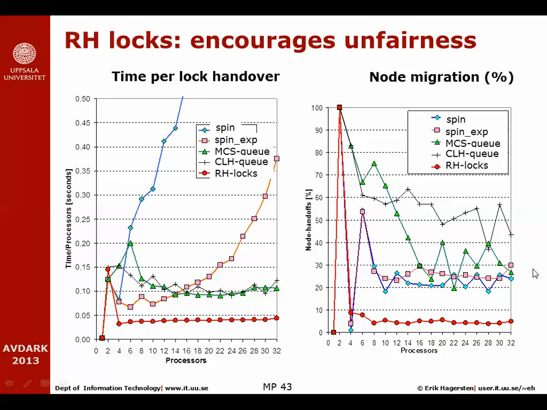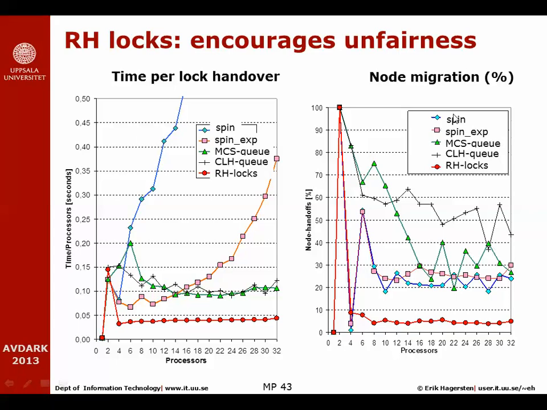And the other locks, actually the Q-based locks, should go towards 50%. I have a very poor explanation why they're not going towards 50%. These are two nodes, two multi-cores, and of course the likelihood that you should go to the other node should be very close to 50%. It's not.